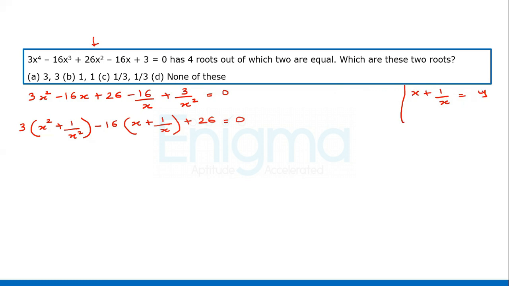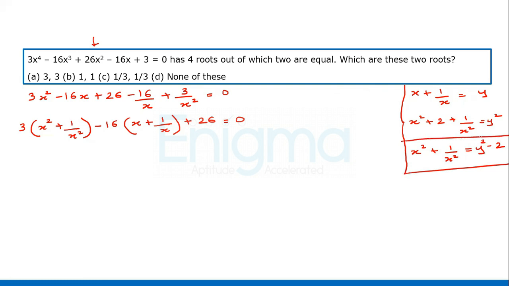Now if we square both sides, this will become x square plus 2 plus 1 upon x square is equal to y square. So therefore, we can get here x square plus 1 upon x square is equal to y square minus 2. Now let's substitute these two values in the equation.